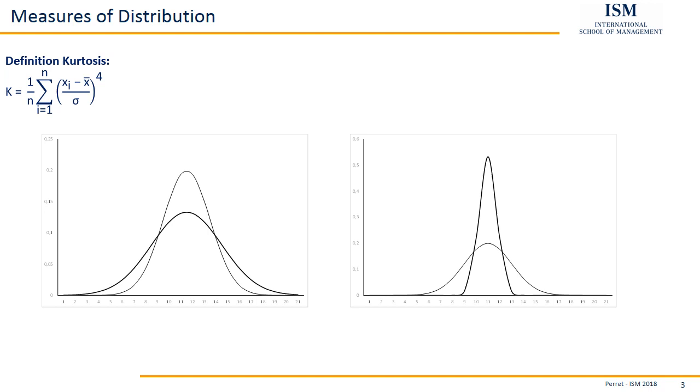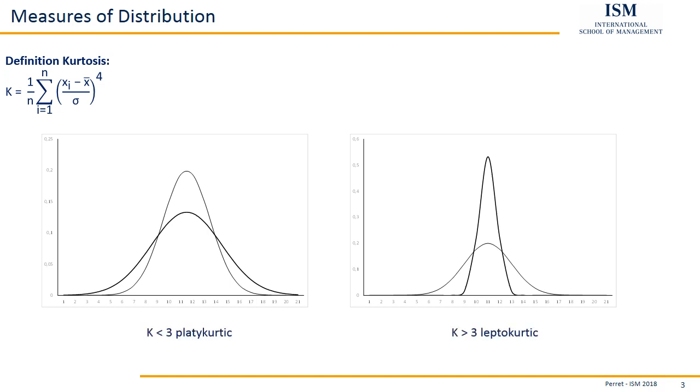However, the tails, so the outliers, the extreme values, they are way above the normal distribution. In the right figure, it's exactly the opposite. There we have a lot of values in the middle and very few values to the left and right. So our tails are very thin. In the left one we have fat tails, in the right one we have very thin tails. Tails always means the extreme values, the very small and the very large.